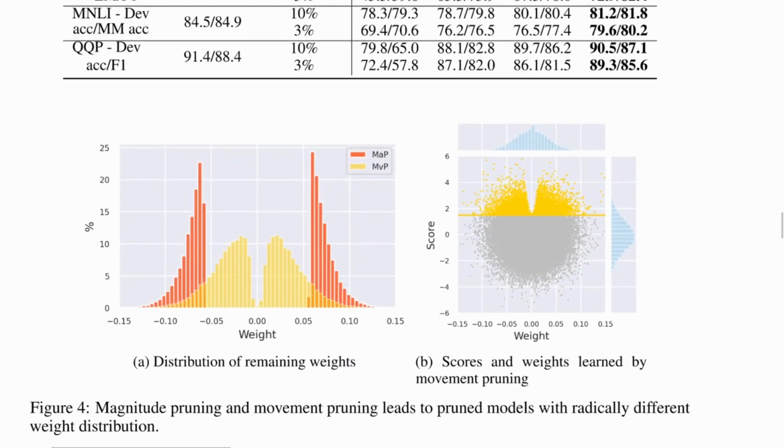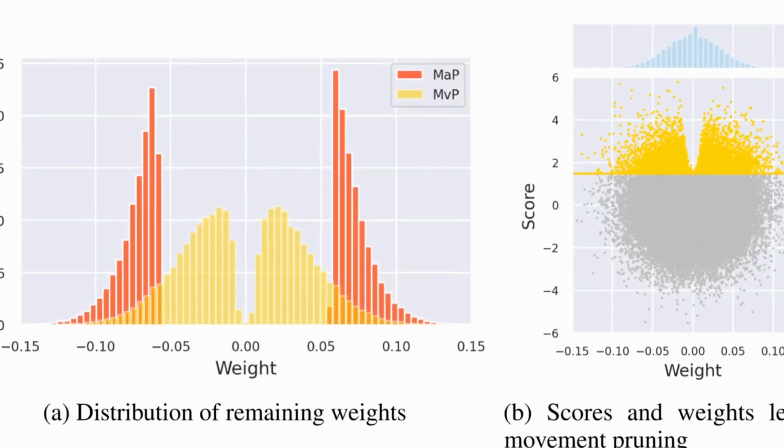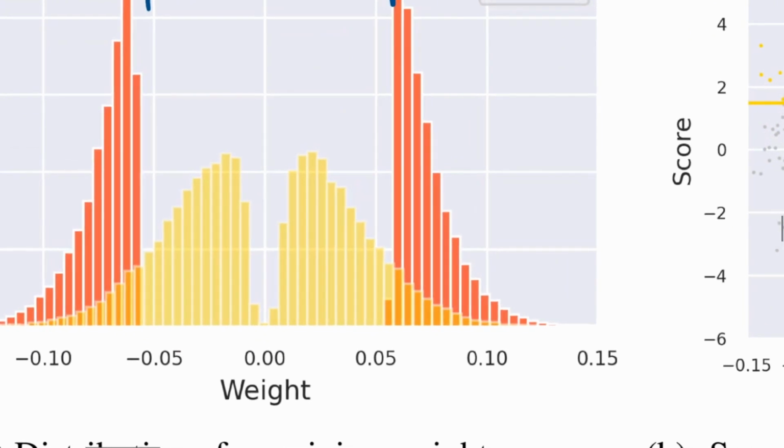Okay, and they analyze these weights, and as you can see, as expected, the magnitude pruned method will simply cut out anything right here. That's not a surprise. Whereas the movement pruned method will leave a lot of these weights alive.